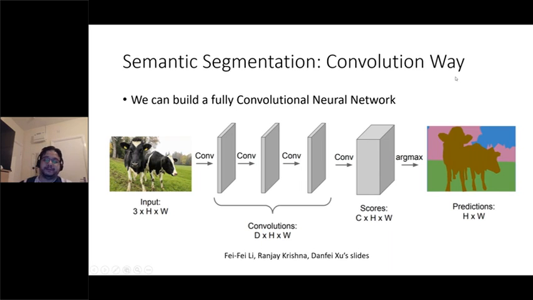So there is a way of doing this by convolution. Here, as you can see, we have the image, and we send it through a series of convolutions. Every convolution layer is going to detect some shape.